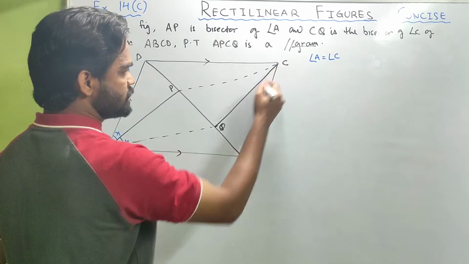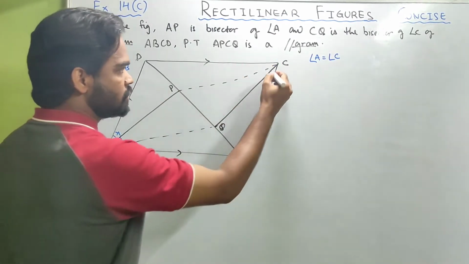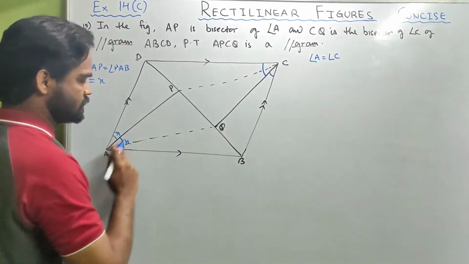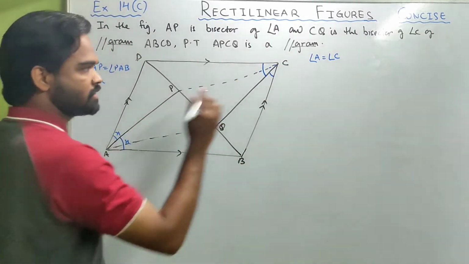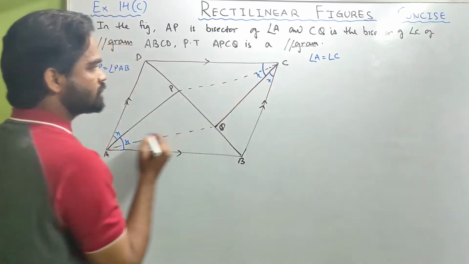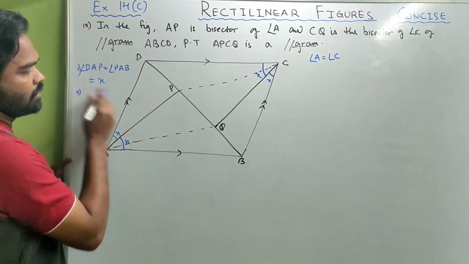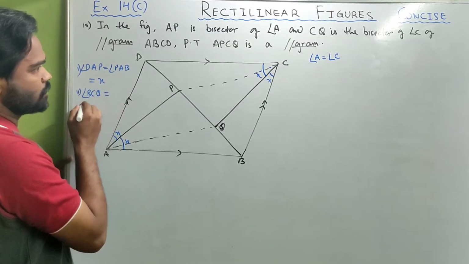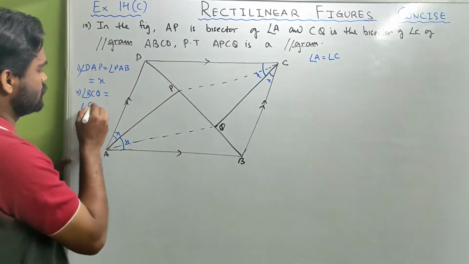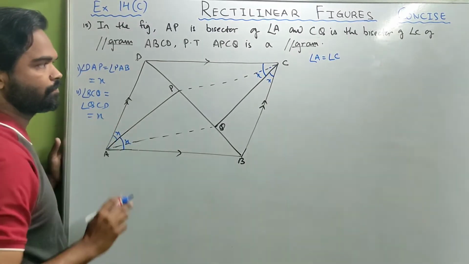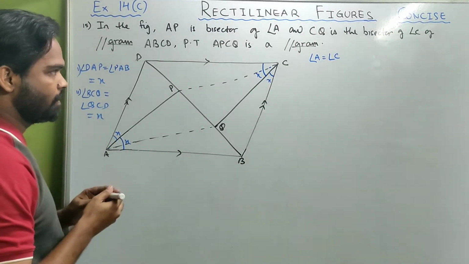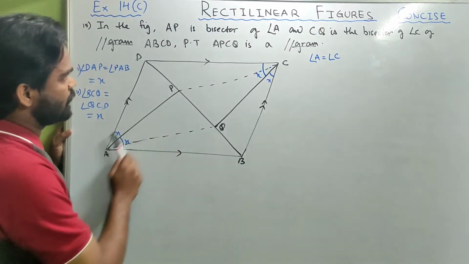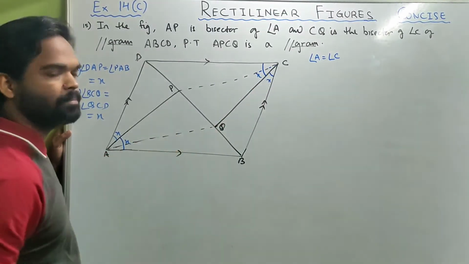Similarly, CQ bisects angle C. So this angle and this angle have to be equal. And since angle A is equal to angle C, if this is X, this is X, isn't it? We can say angle BCQ is equal to QCD is equal to X. Just look carefully, okay? Now what I'll do, I need to prove that APCQ is a parallelogram.